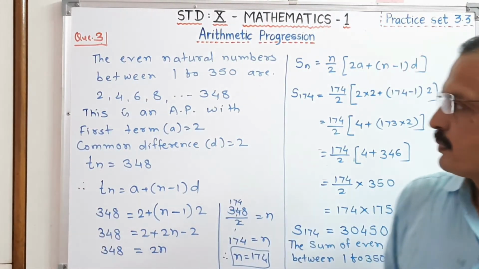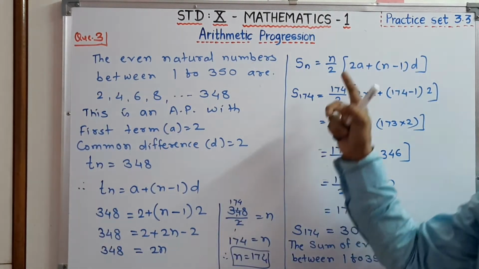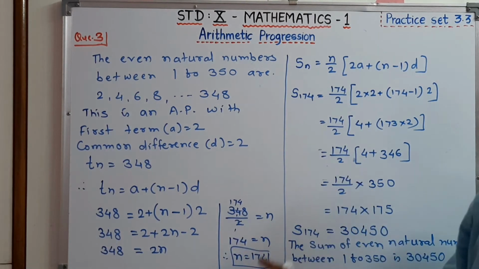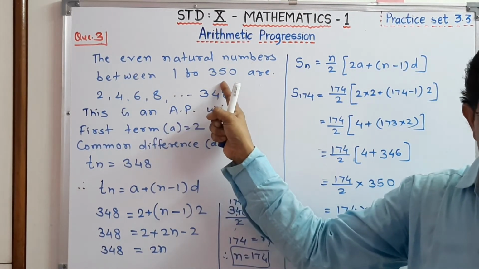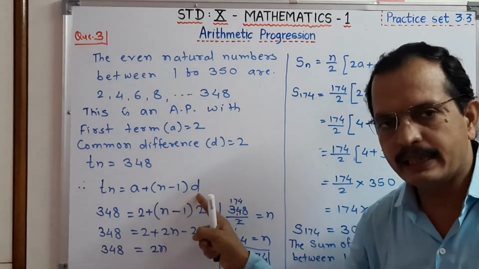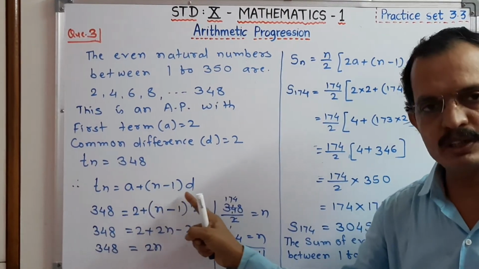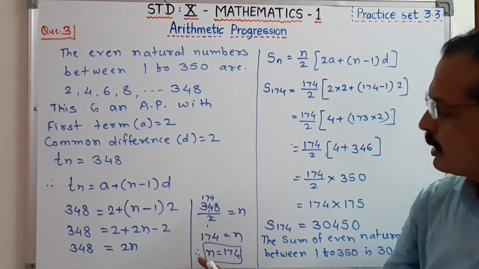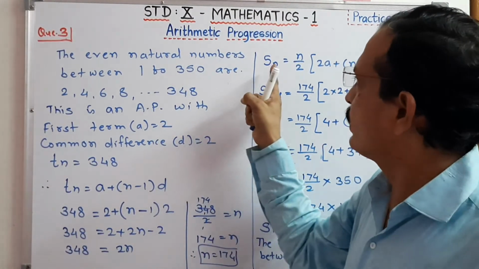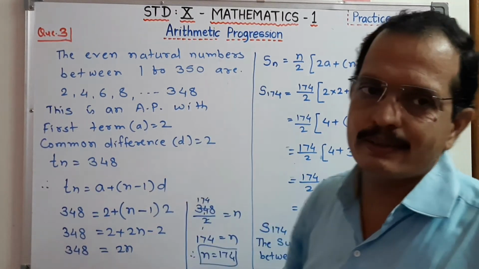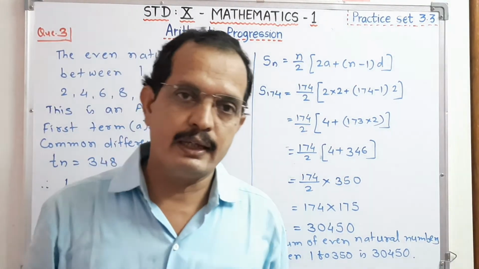Dear student, try to understand this. For finding this, you must find out how many even natural numbers there are between 1 to 350. For that purpose, we use Tn, which is a plus n minus 1 into d. From that we get 174 terms. That means we have to find the sum of 174 terms in an AP.